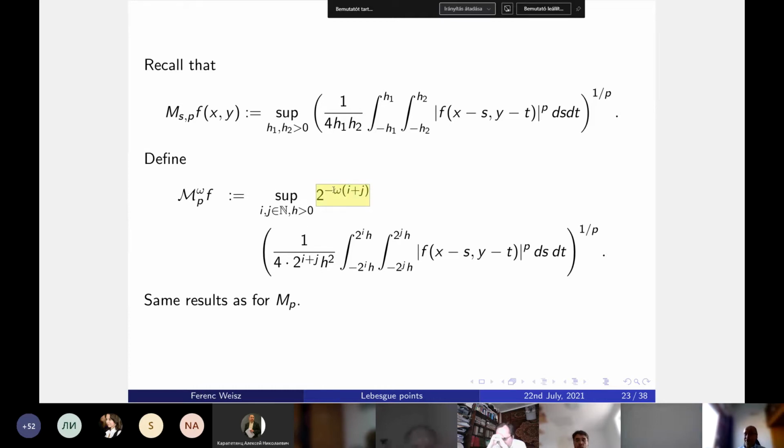Omega is a positive function, and I multiply by this weight, and then I take the supremum. Here we get the same results as for the maximal operator M_p. So the original weak type result holds also. The results are different from the results corresponding to the strong maximal function. This is because of this weight.